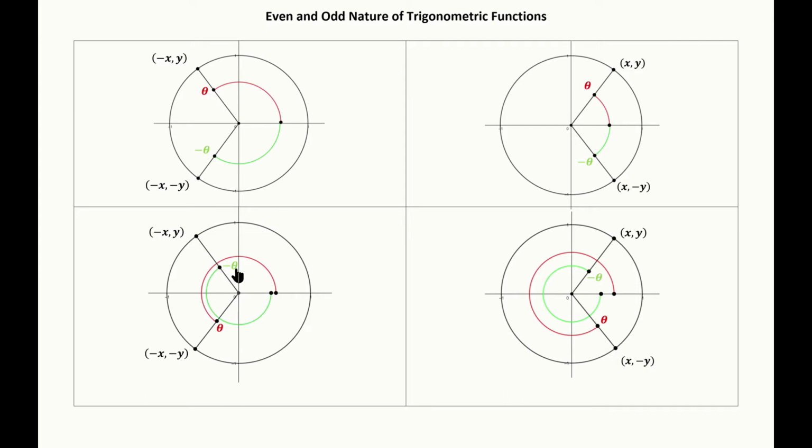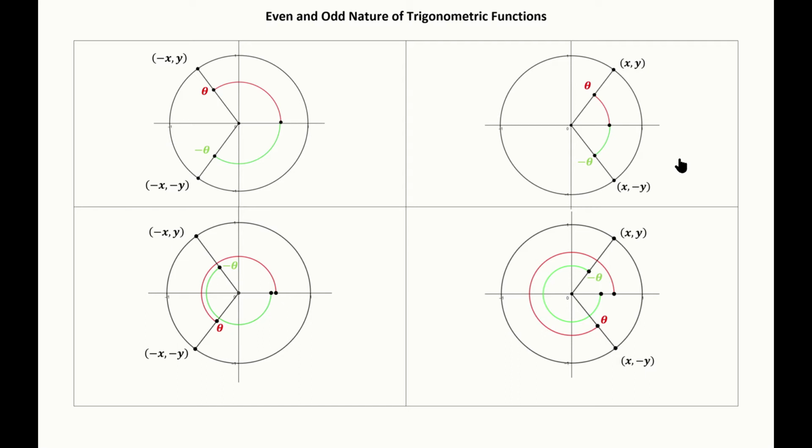Of course, theta is a third quadrant angle, but its opposite will be a second quadrant angle, but nevertheless the x values are the same. And the same happens if we look at a fourth quadrant angle. And of course, these could be much larger angles with larger number of rotations, but that doesn't change our discussion here.